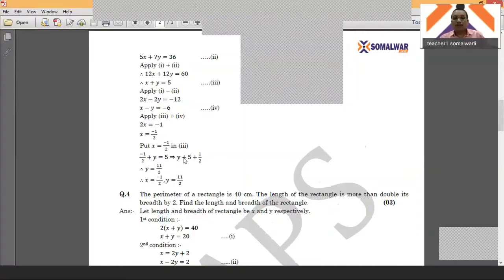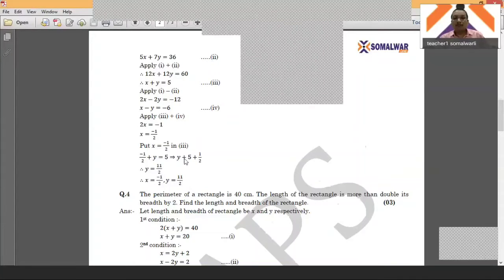And 5 plus 1 by 2 is 11 by 2. 5 2s are 10, 10 plus 1, 11. So the value of y is 11 upon 2. So that gives the value of x is minus 1 by 2 and the value of y is 11 by 2.